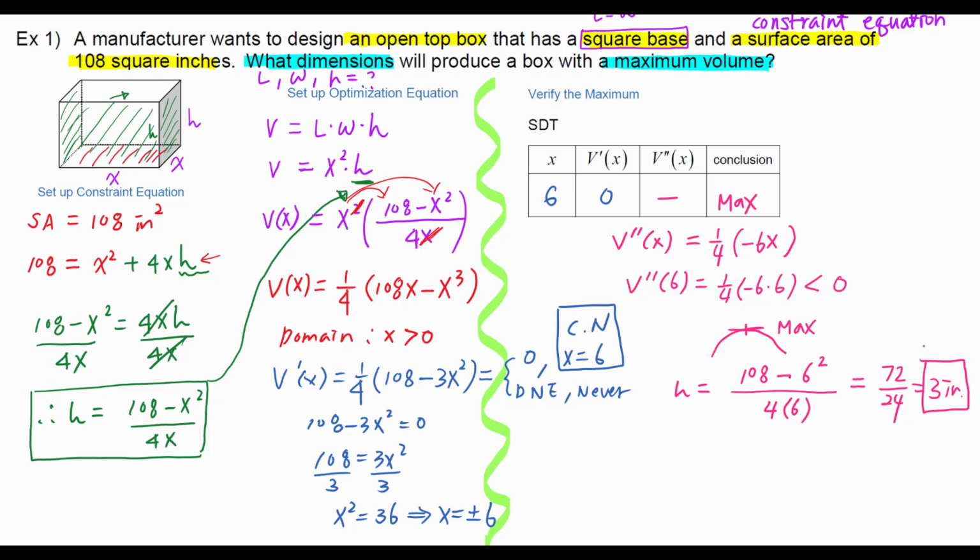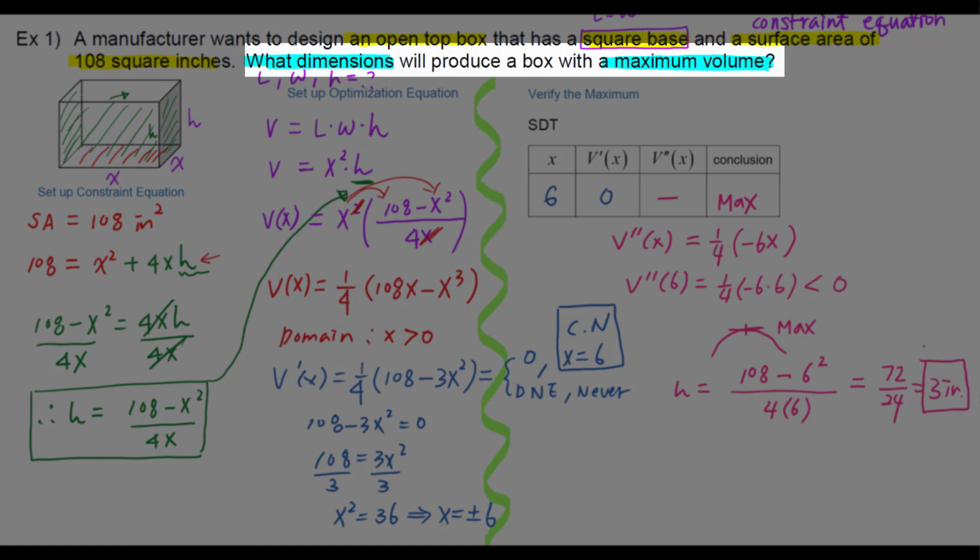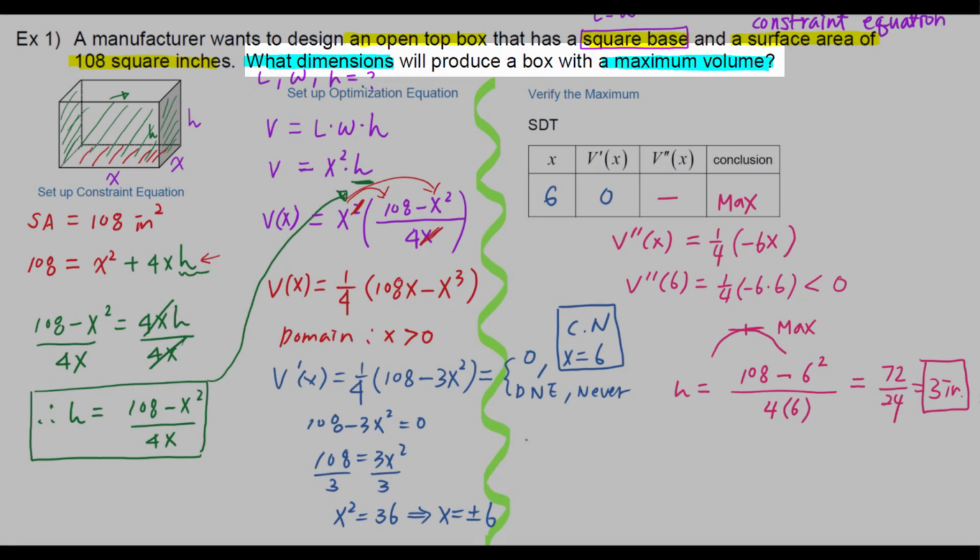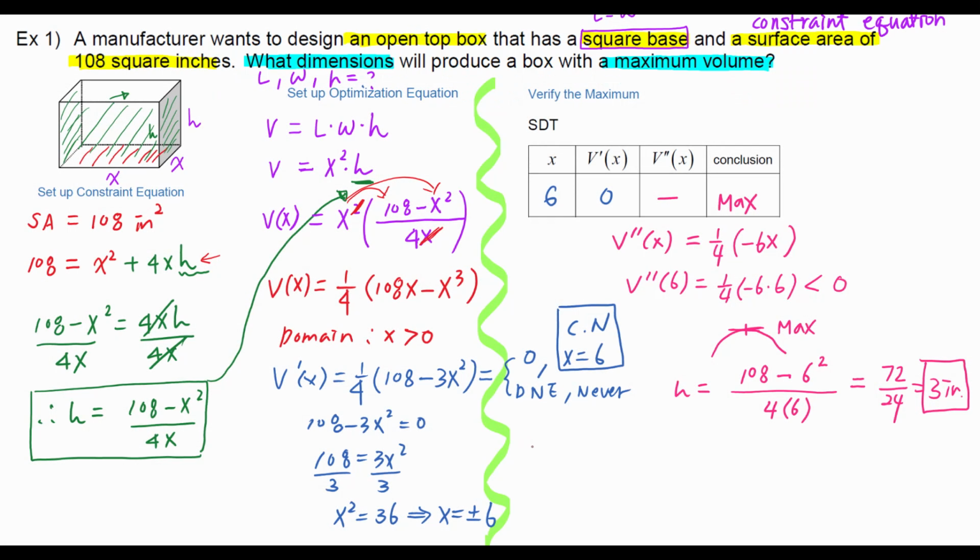So now you can answer the question. The question is, what dimensions will produce a box with maximum volume? Your final answer is that the dimensions to produce maximum volume are 6 inches by 6 inches by, the height came out to be, 3 inches.